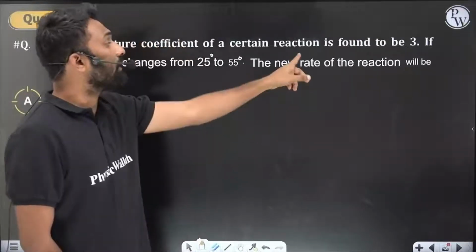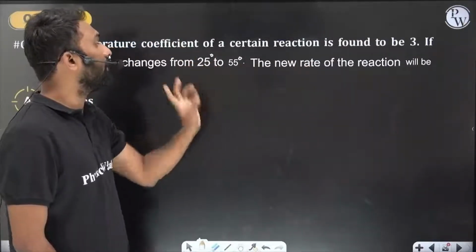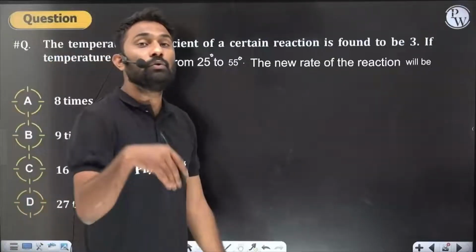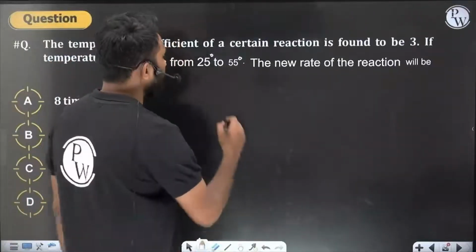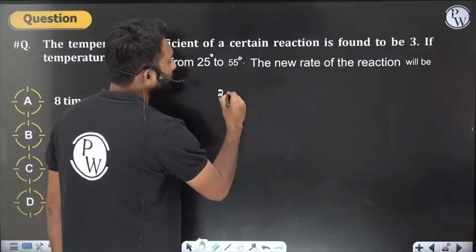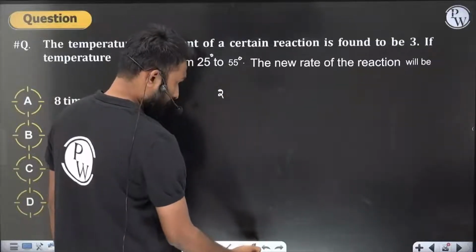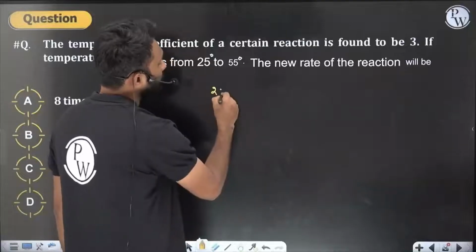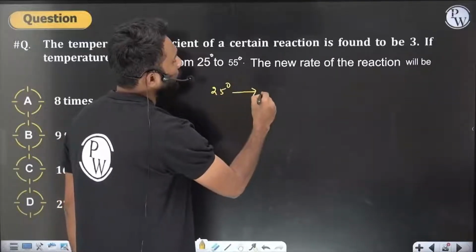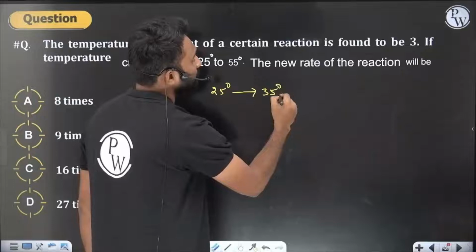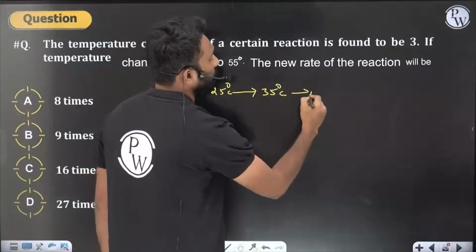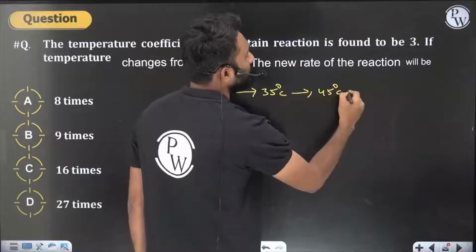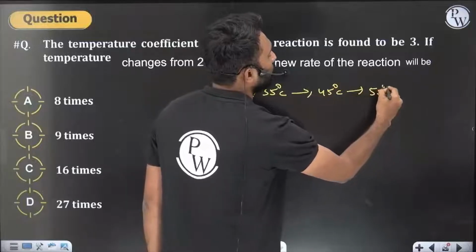Now, for the new rate of the reaction from 25 degree to 55 degree, look from here: 25 to 35 degree, from 35 to 45 degree, from 45 to 55 degree.